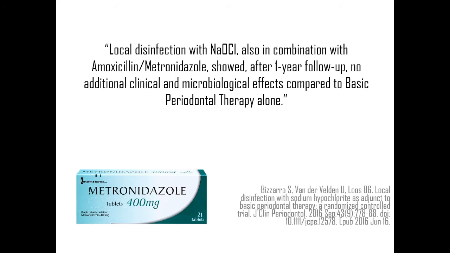The one thing you have to understand in this study is that the sodium hypochlorite performed best immediately in terms of outcomes, but at 1 year there wasn't any difference. But this was a one-time treatment. To use an antimicrobial agent or antibiotics just one time and then look at things a year later, I really wouldn't expect a huge difference in outcome whether you use saline, water, or sodium hypochlorite along with the basic periodontal therapy.